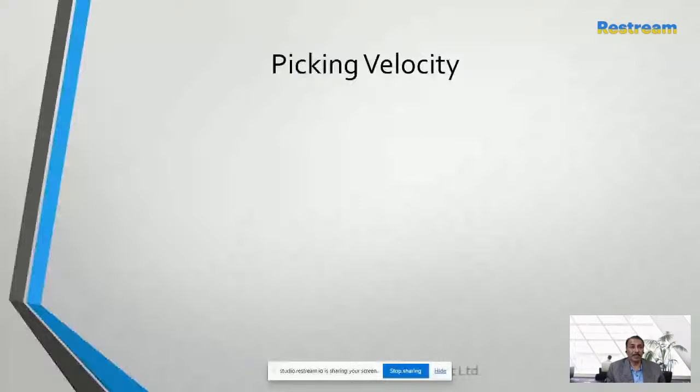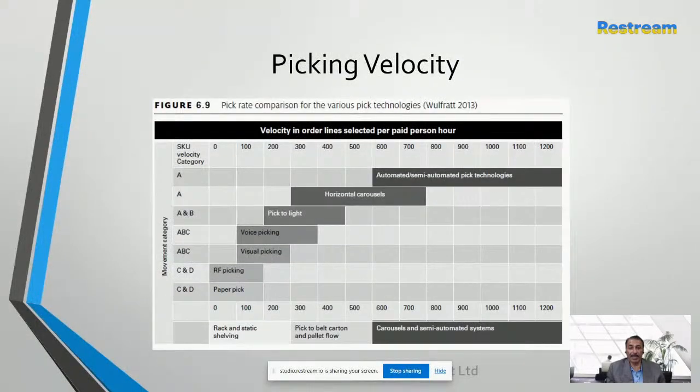Okay. Coming to the picking velocity, the speed at which these items are picked, you can see in this chart, maybe the movement category is on the y-axis. The SKU velocity category we have seen earlier, or maybe we are going to see in a future session.